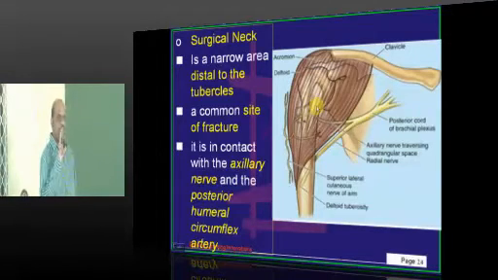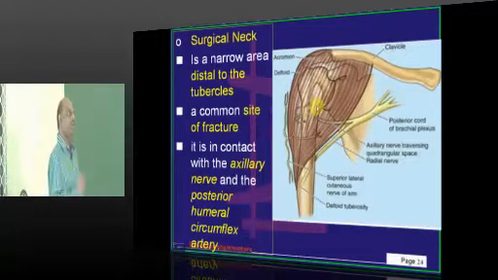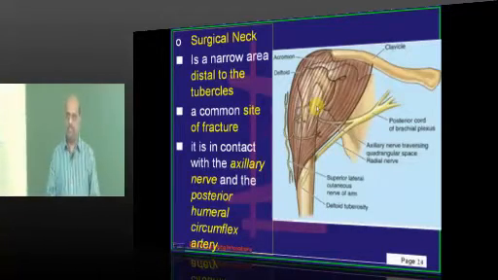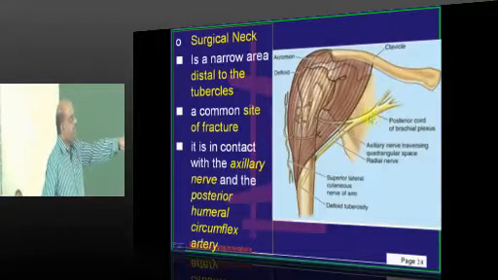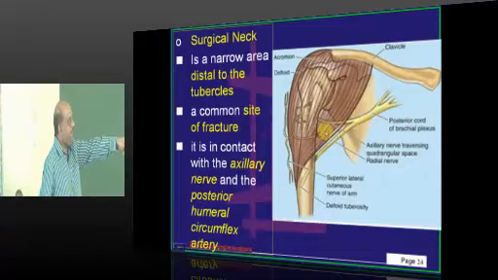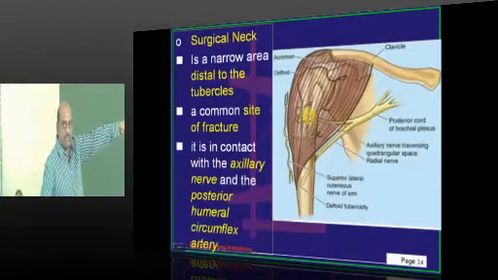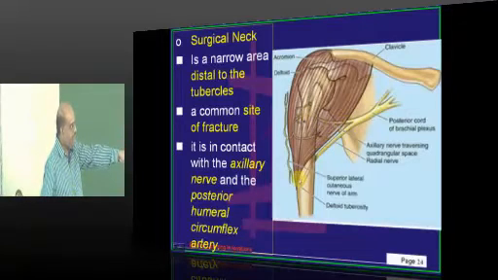Two important structures in the surgical neck of the humerus you should never forget. Tomorrow in orthopedics also this is the same issue. From the posterior cord of the brachial plexus, we have the axillary nerve which travels into the quadrangular space. This is the radial nerve.